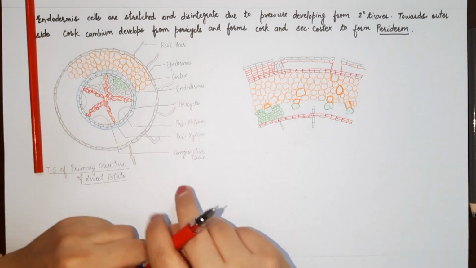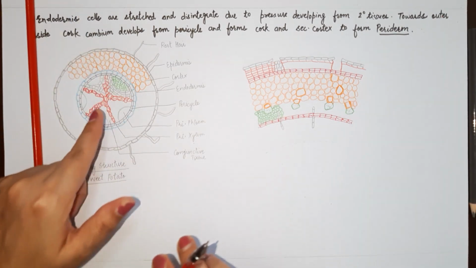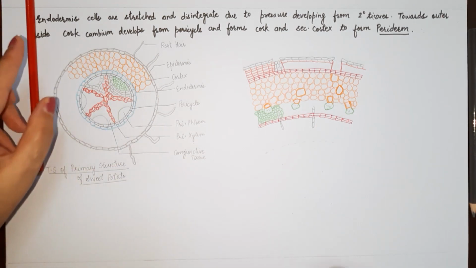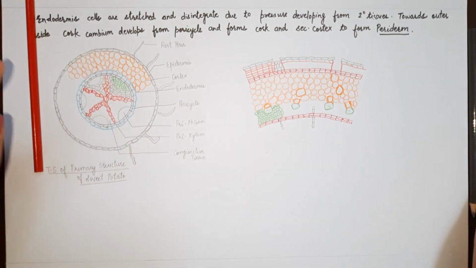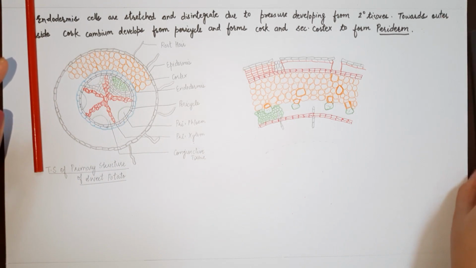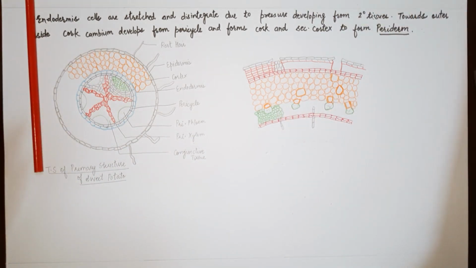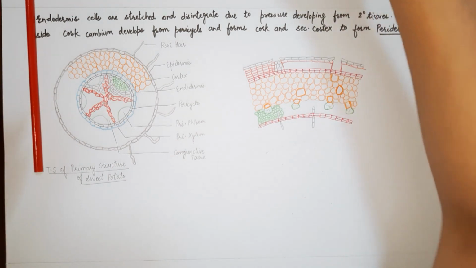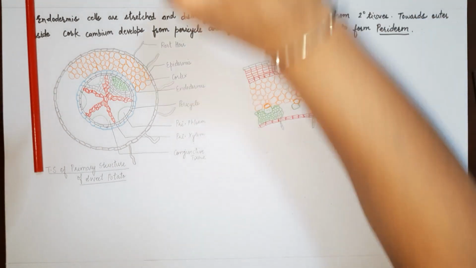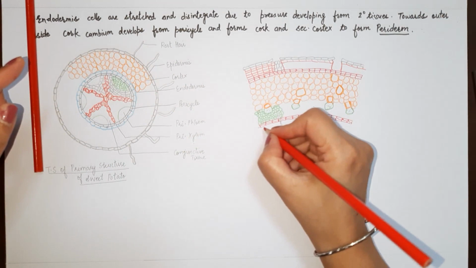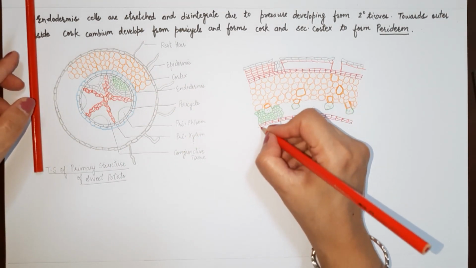Then we have xylem. Now, here I used red color, so I am going to change the color in this case. I am using slightly pinkish color, okay, in order to differentiate it from cambium.